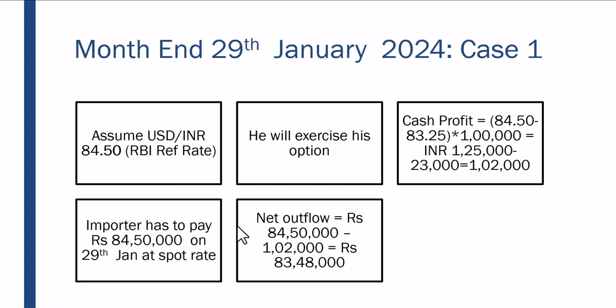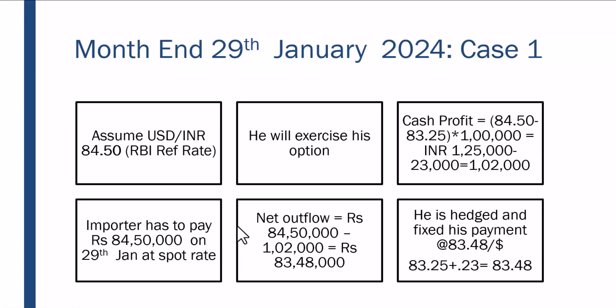It is 84,50,000 minus 1,02,000, which I have gained in the options market. So my outflow is 83,48,000. If I take 83,48,000 divided by 1 lakh, I get 83.48 per dollar.